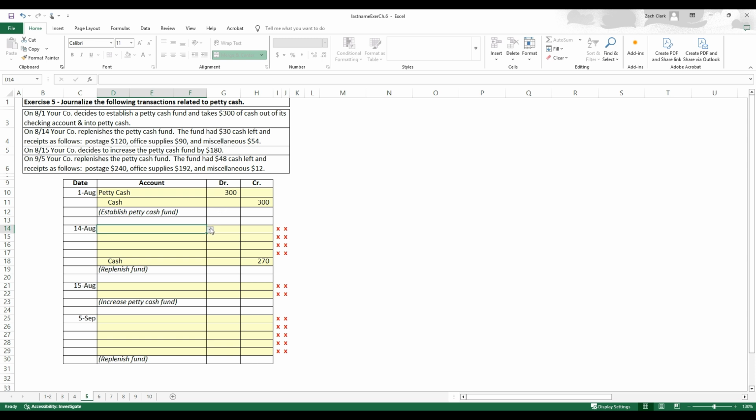So we had postage expense, we had office supplies that we bought, we had, let's see, miscellaneous of 54. And what else are we missing? Let me put these all in. So 120, 90, 54. And what does that total up to here?